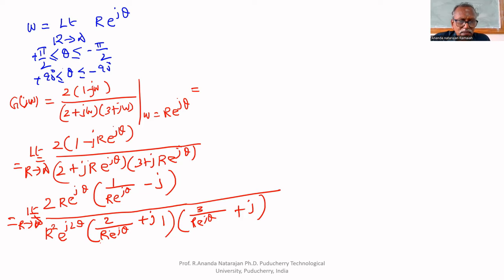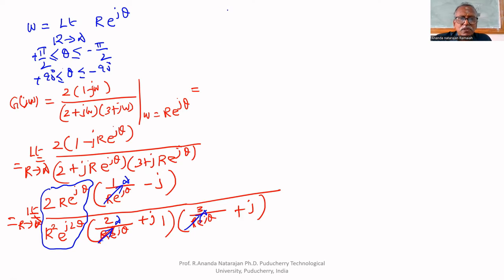If you let R tends to infinity, these 3 terms become 0. Only these 2 terms will be there.